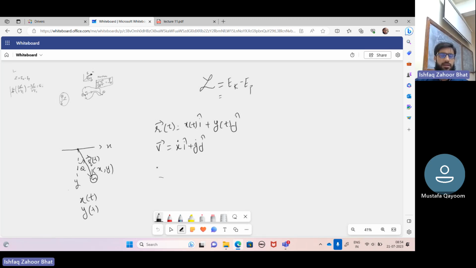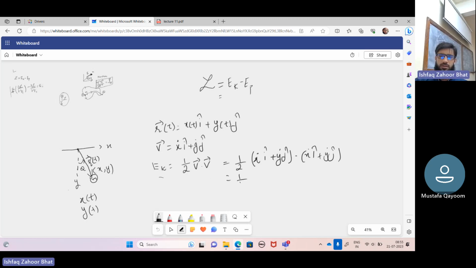If you remember, the kinetic energy of a particle, since this is a point mass, we know kinetic energy is equal to 1 by 2 v dot v, which is 1 by 2 of x dot i plus y dot j dotted with x dot i plus y dot j.